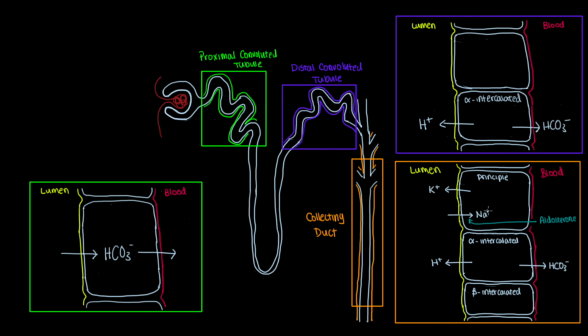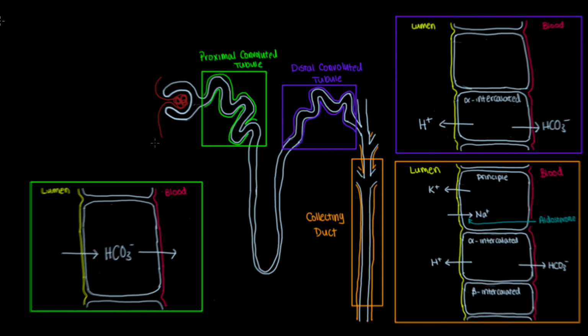And in the collecting duct, we have some sodium and potassium movement here that is controlled with aldosterone. And we have alpha intercalated cells again doing the same thing as they did in the distal convoluted tubule, where they're secreting acid and reabsorbing bicarb. At the very least, I think this is the overall schematic that's important to know and understand to get a sense of what's happening in RTAs.